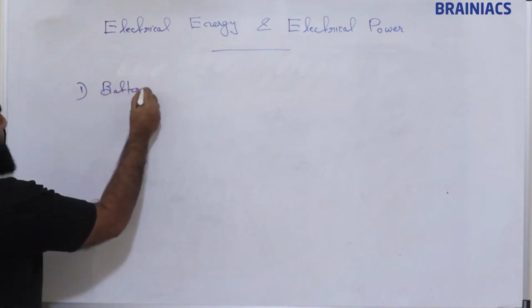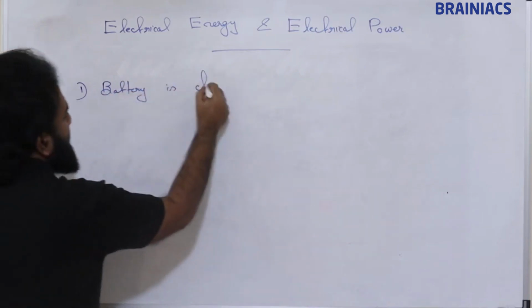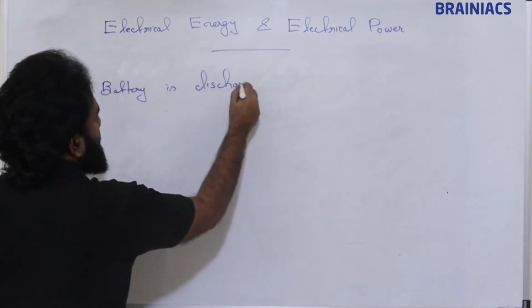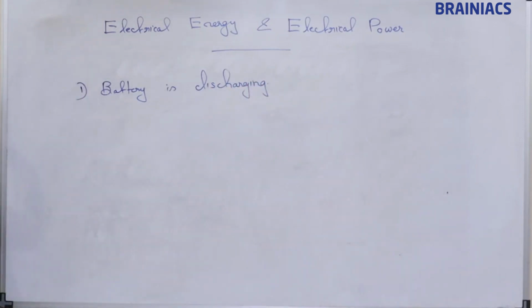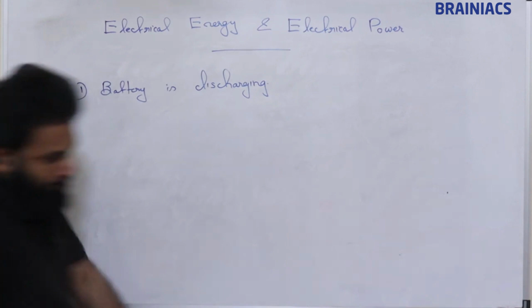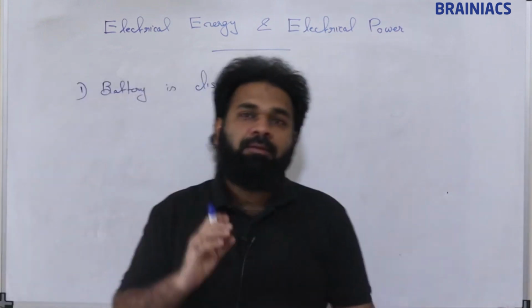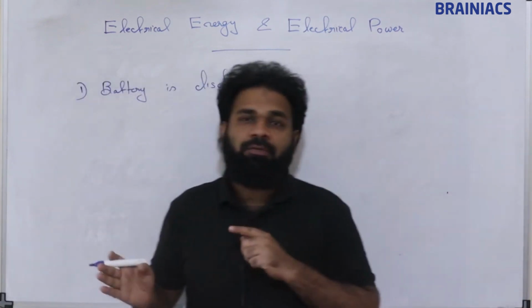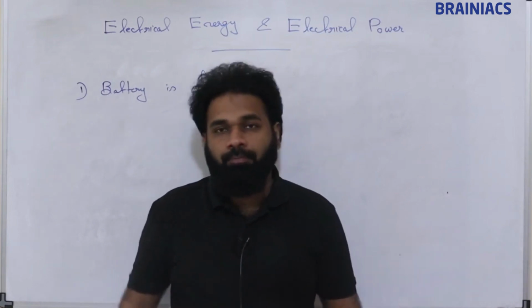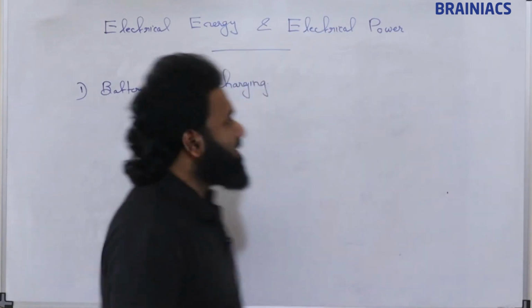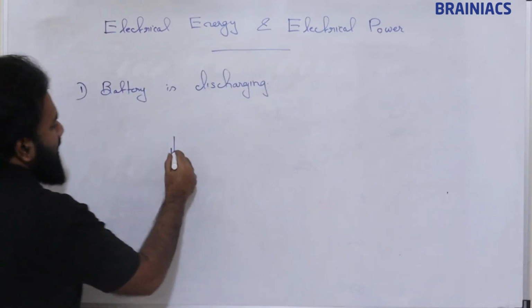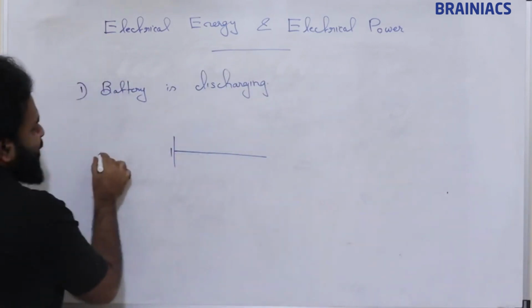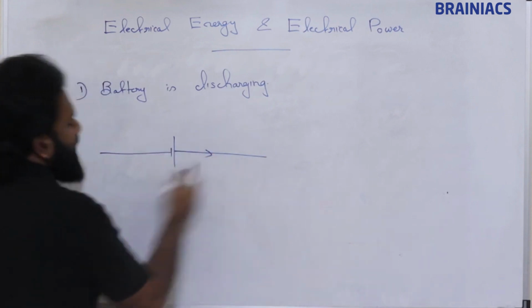Battery is discharging. Okay, so when the battery is discharging, will current be entering through the negative terminal or the positive terminal? Whenever the battery is discharging, we have studied already, the current will be delivered from the positive terminal.